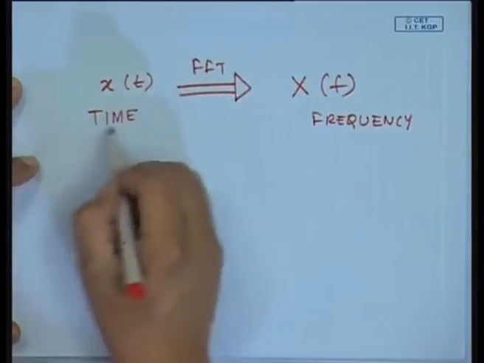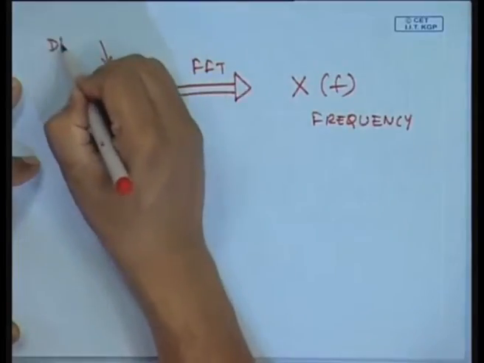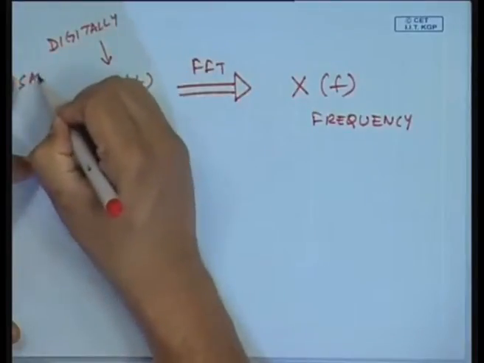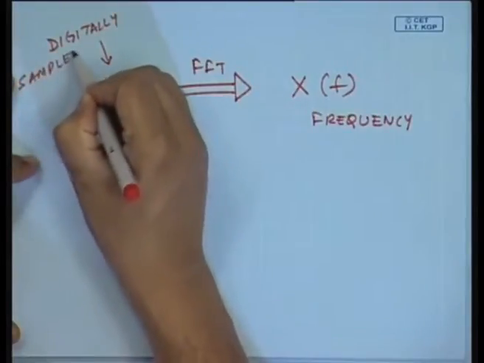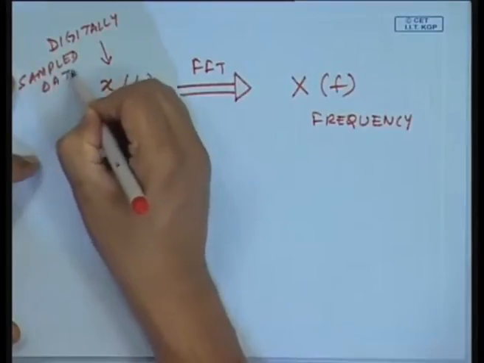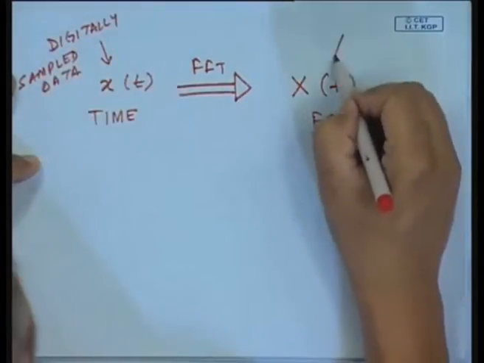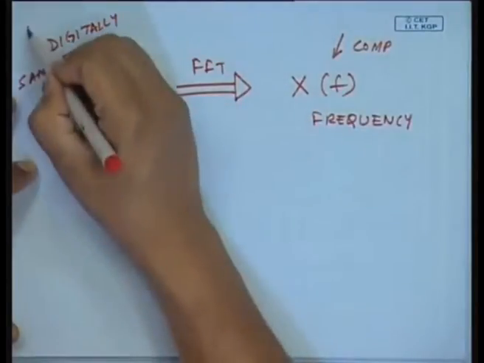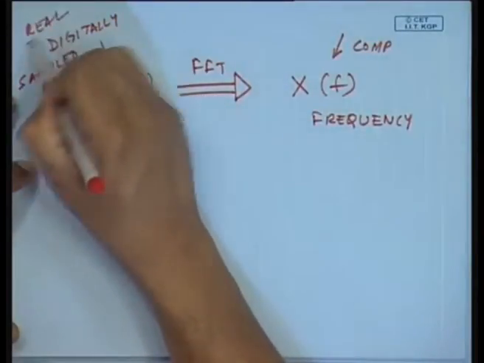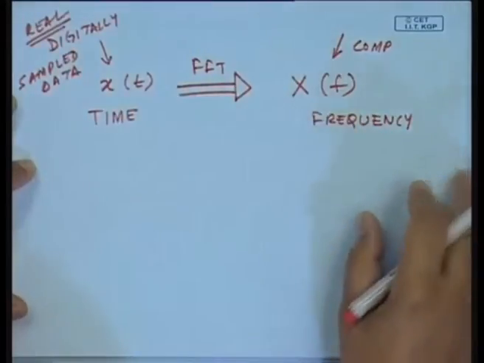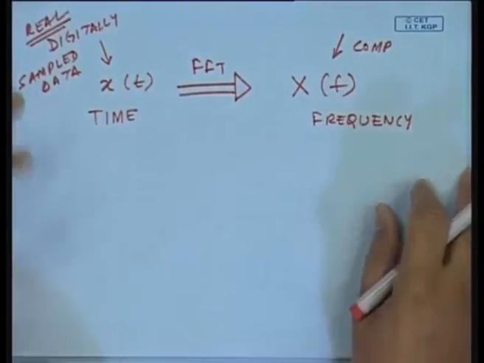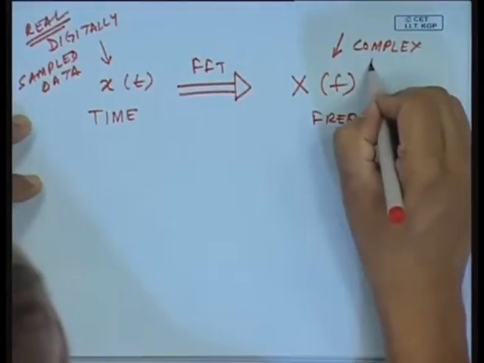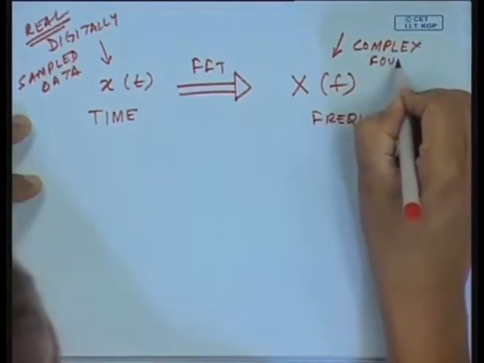Okay, so this is the digitally sampled data, and this is usually real data. It is not a complex number, because real world signals are real, not complex, but I will have complex Fourier or frequency components.